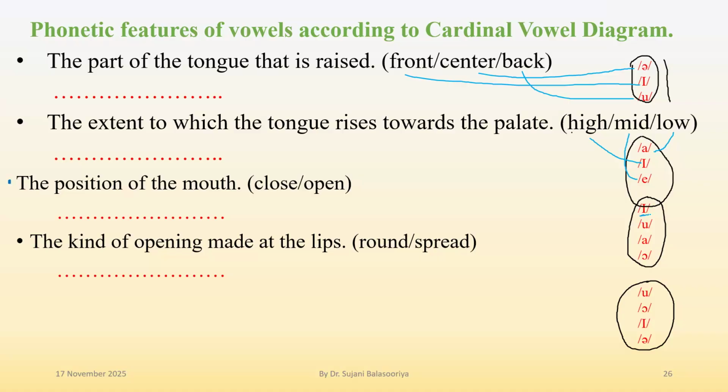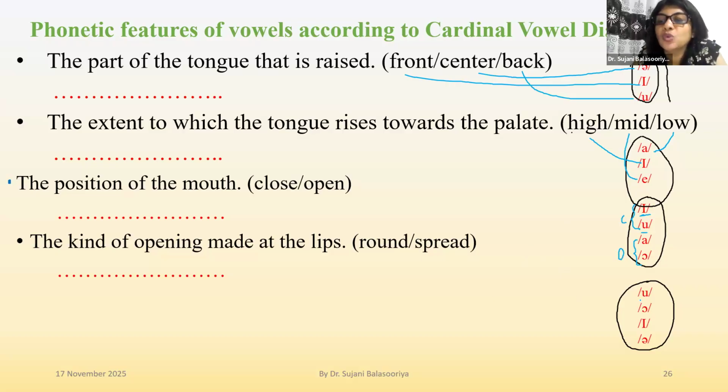Close. And U? Close. Yes, both are close vowels. Then what about A and O? Open. Both are open vowels. Fine. And round and spread vowels, you have to find out from the list.